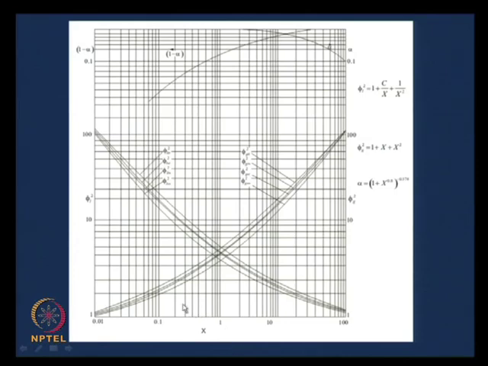So, the void fraction was next plotted as a function of x. In many textbooks you will find that there are different sets of curves for phi L square. In fact, in Wallis, you will find that they have given 4 sets of curves for both phases in laminar, both phases in turbulent and so on, but here I have condensed everything, so that from one particular graph you can get all the information.